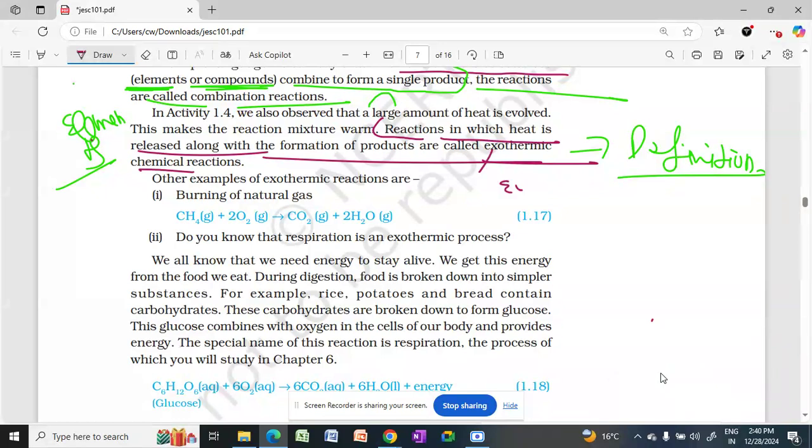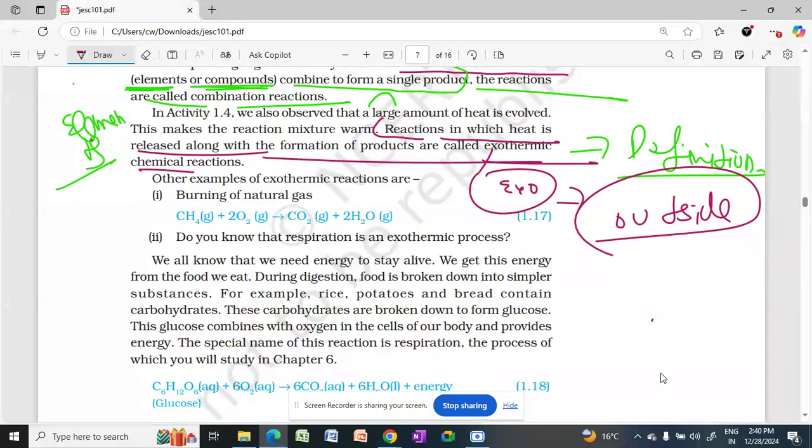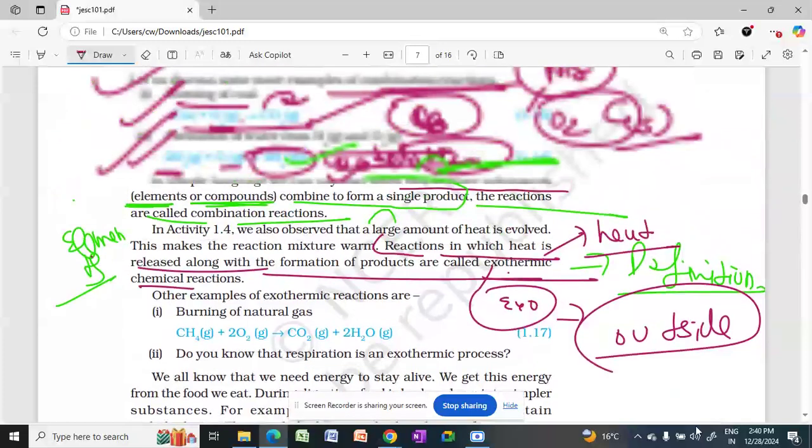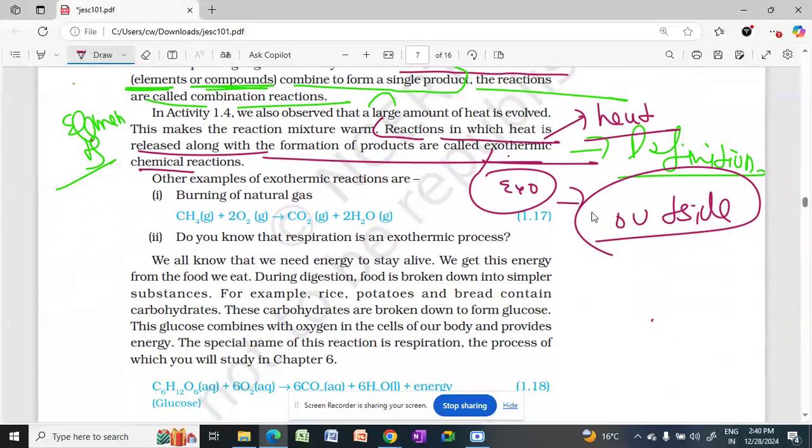Exo means something is releasing outside. The word thermal is related to heat. Simple. Other examples of exothermic reactions that they are mentioning right here in the NCERT include the burning of natural gas.